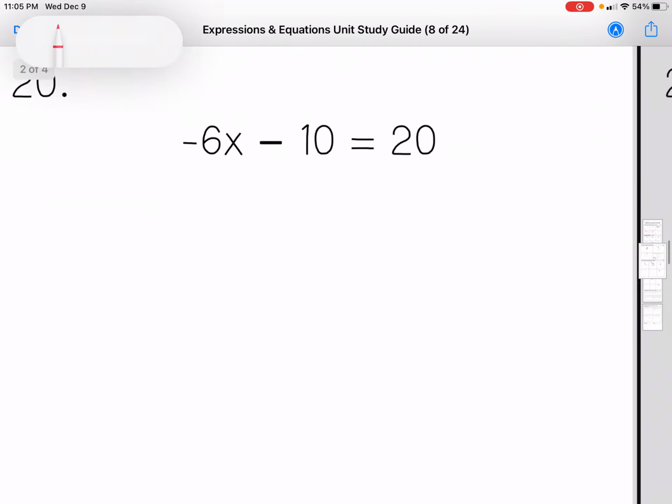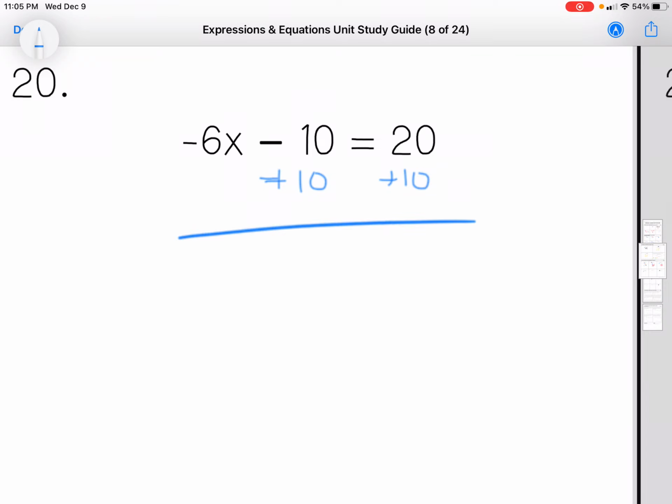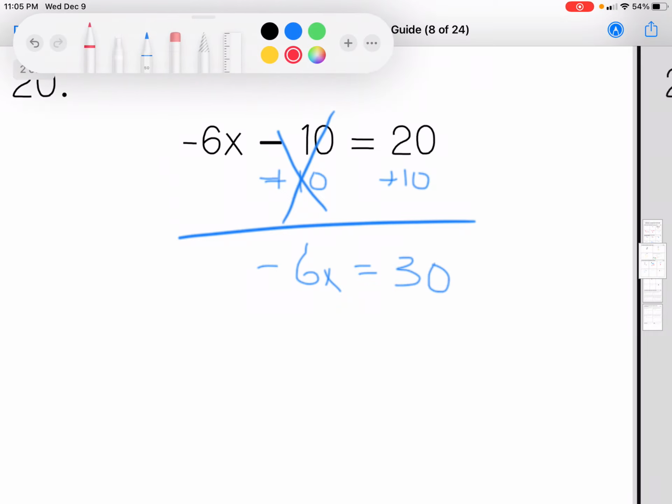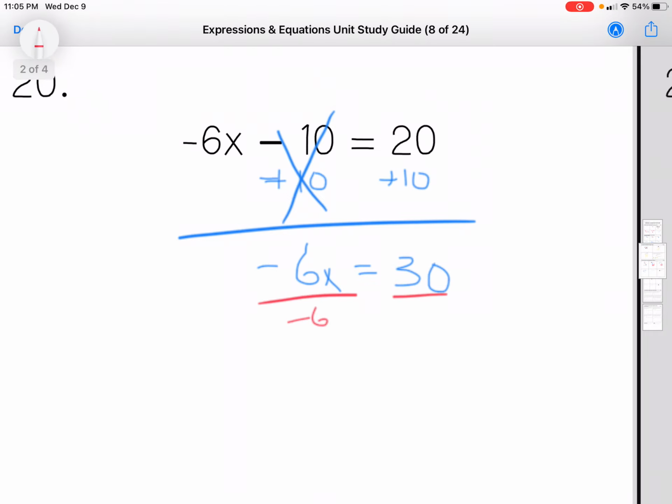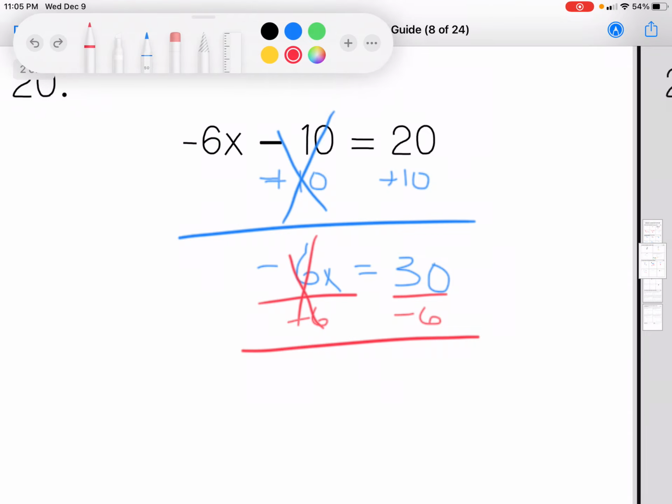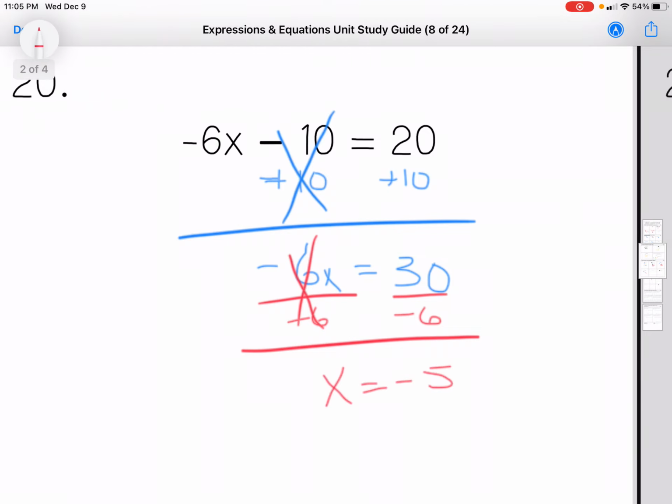20, add 10. We're going to be left with negative 6x equals 30. Divide by negative 6. And you're going to be left with, oops, sorry about that, x equals negative 5.